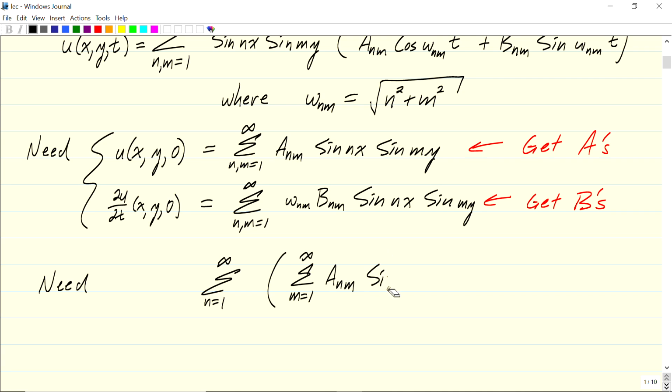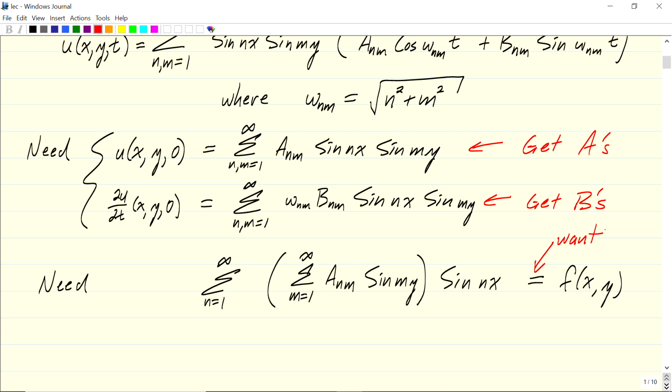I'm going to pull out the sine nx, and I'll put the sine my here. First I'll sum over the m's, and then I'll sum over the n's. And I want that to add up to f of x,y. Okay, that's a double sum, and I just decided to sum m inside first and then sum the n's.